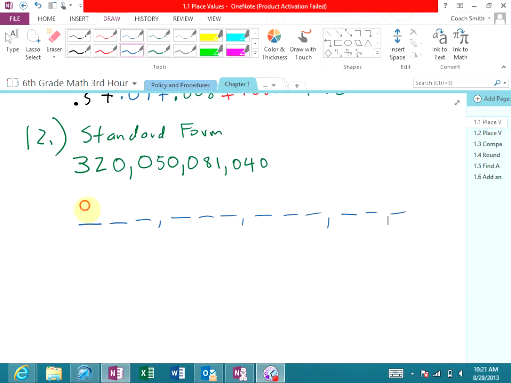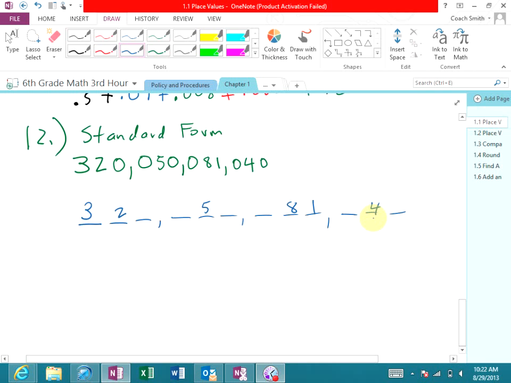Okay? Well, the 3 goes there. We know the next one was 20 billion, so the 2 goes there. The next one is 50 million, so the 5 goes there. The next one was 80,000. The next one was 1,000. The next one was 40.